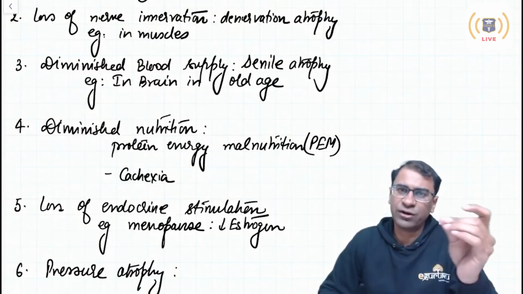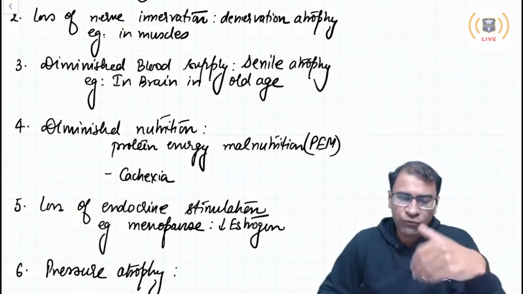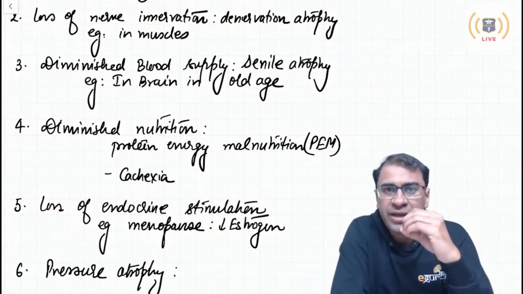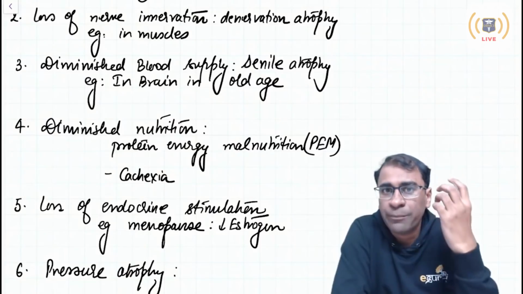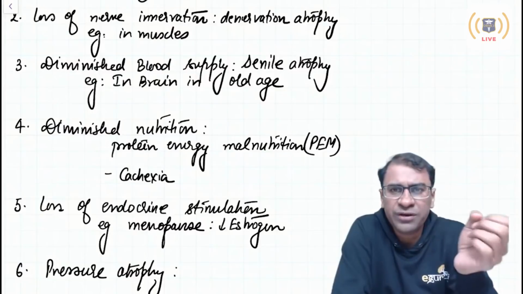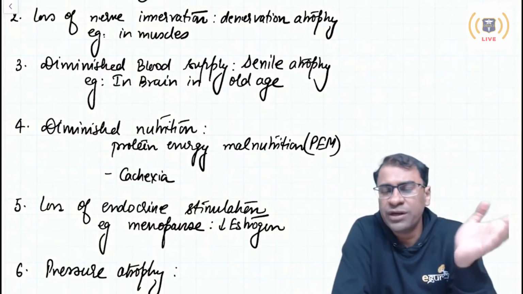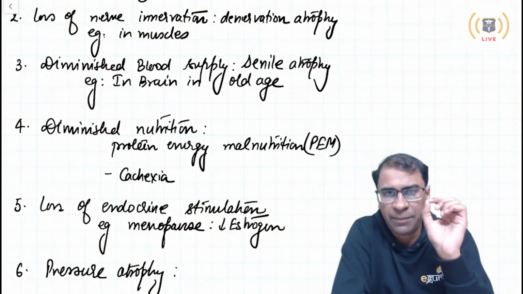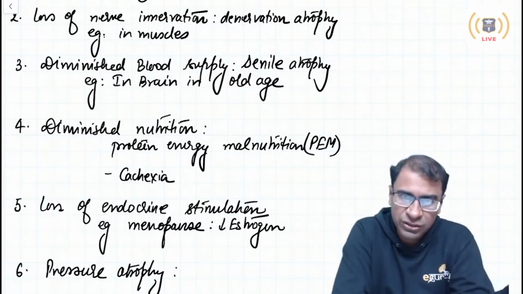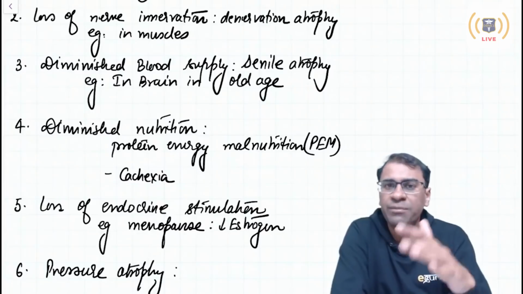Now, why does atrophy occur? The reason for atrophy is the degradation of the proteins of the cell. Have you heard about the ubiquitin pathway? The ubiquitin proteasome pathway is a pathway where any protein that has been damaged or misfolded will be removed.